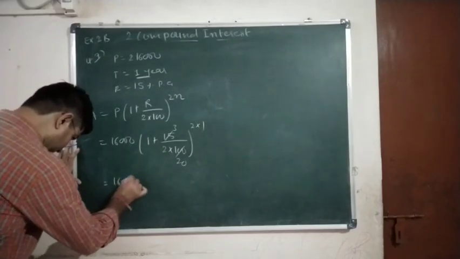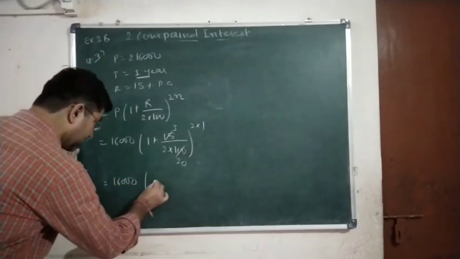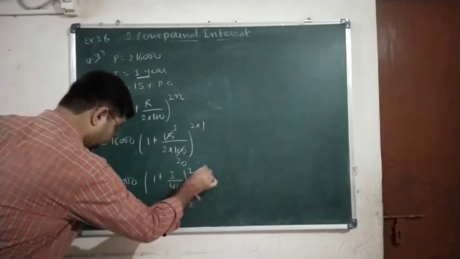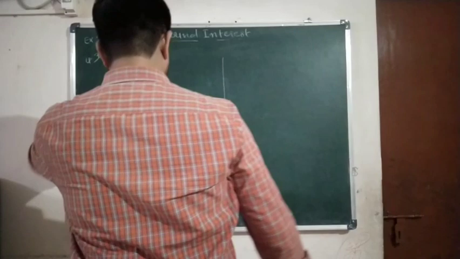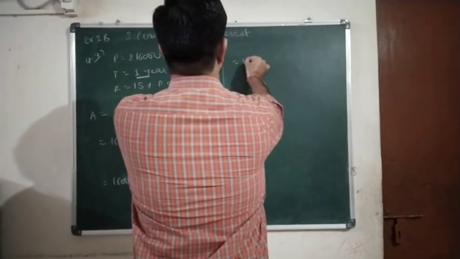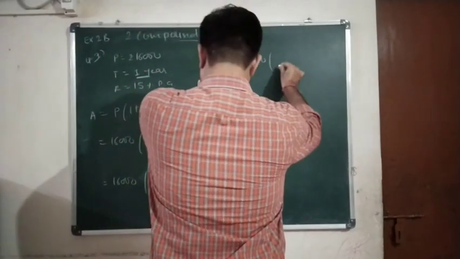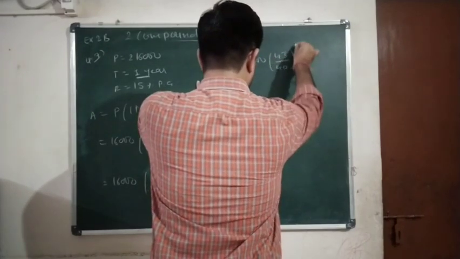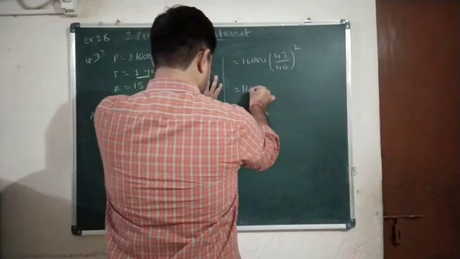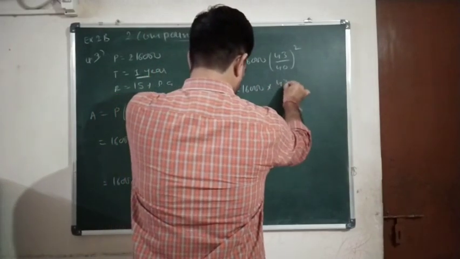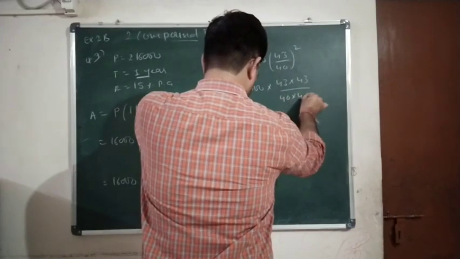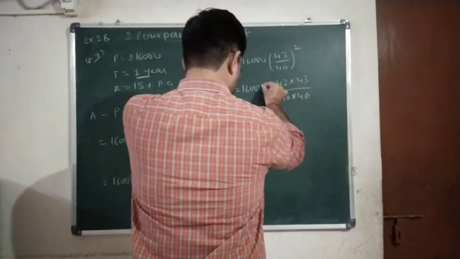So 16,000 into 1 plus 3 upon 40 raised to 2, which is equal to 16,000 into 43 upon 40 raised to 2, which is equal to 16,000 into 43 into 43 upon 40 into 40.